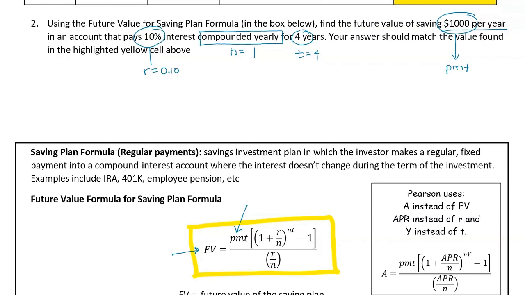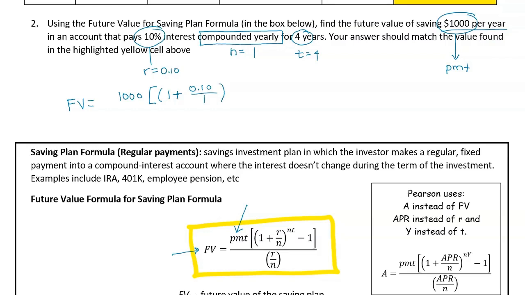Now I can just use this formula and plug in all those numbers, and I'll get FV equals 1,000 times 1 plus 0.10 all over 1. When you do the calculations, you don't have to divide by 1, but I'm putting it there so you see where it goes.